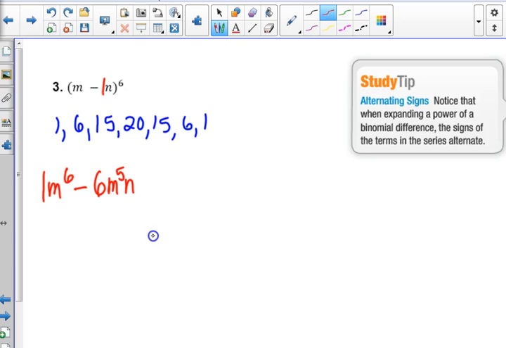Did I lose anybody? The next term, the 15, would have an m to the 4th and a negative 1n squared. What's going to happen when you square a negative 1? It's going to be back to positive 15m^4n^2.